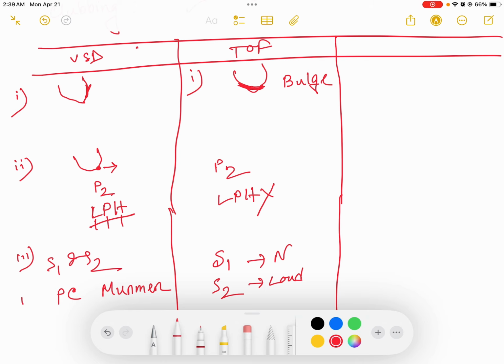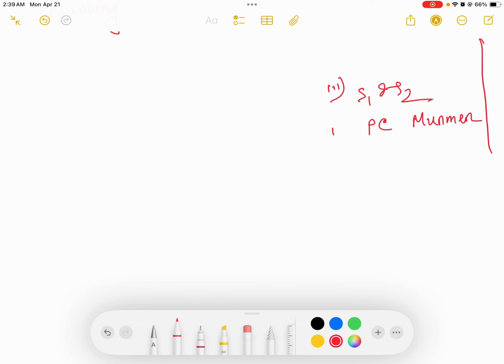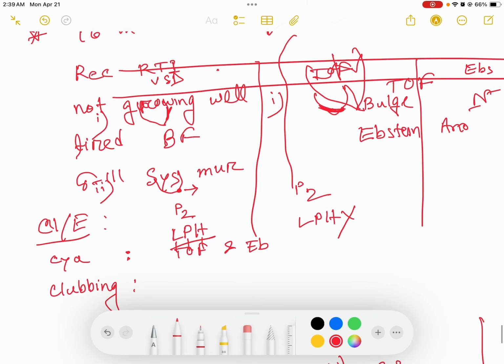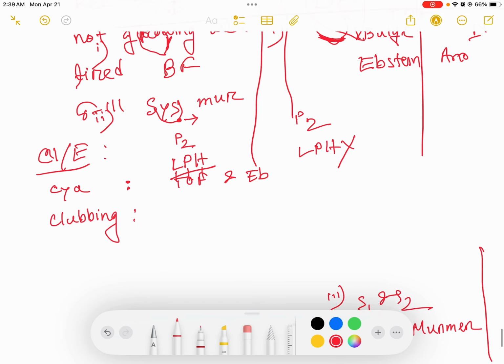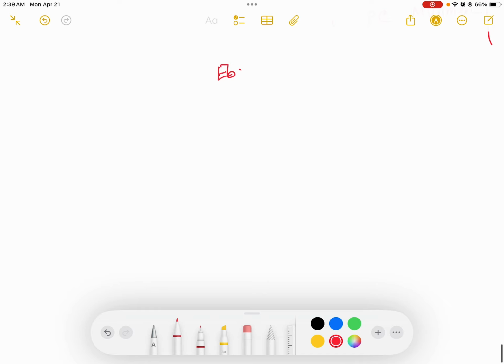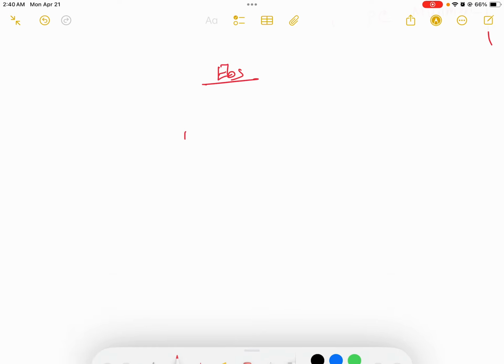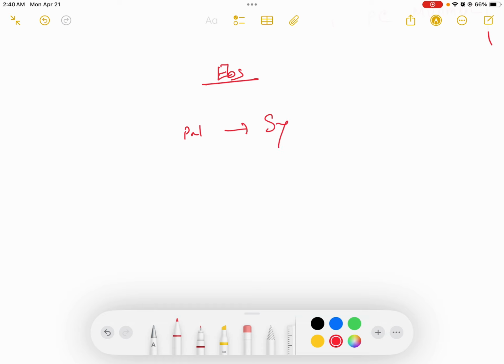Then Ebstein anomaly. On inspection it is normal. On palpation we get a systolic thrill in the tricuspid area.